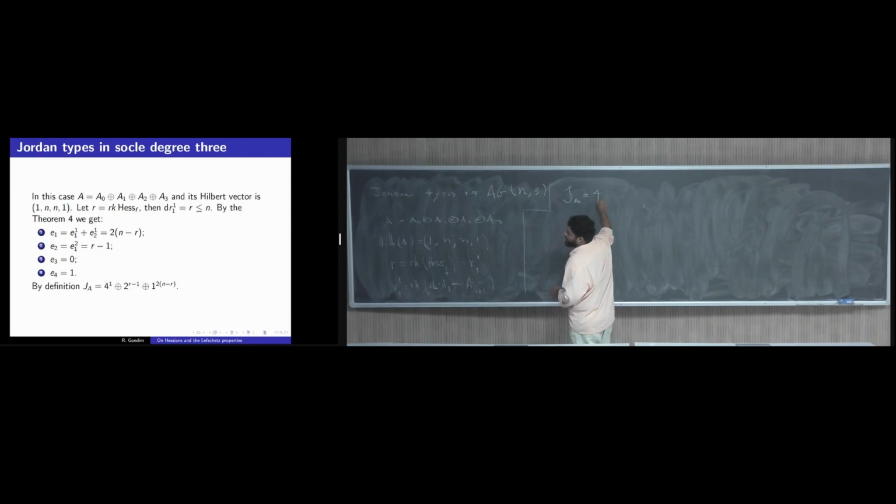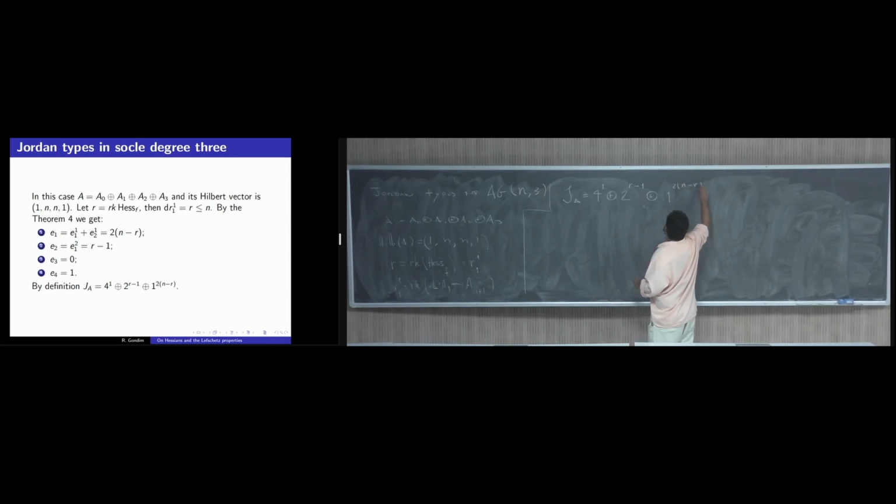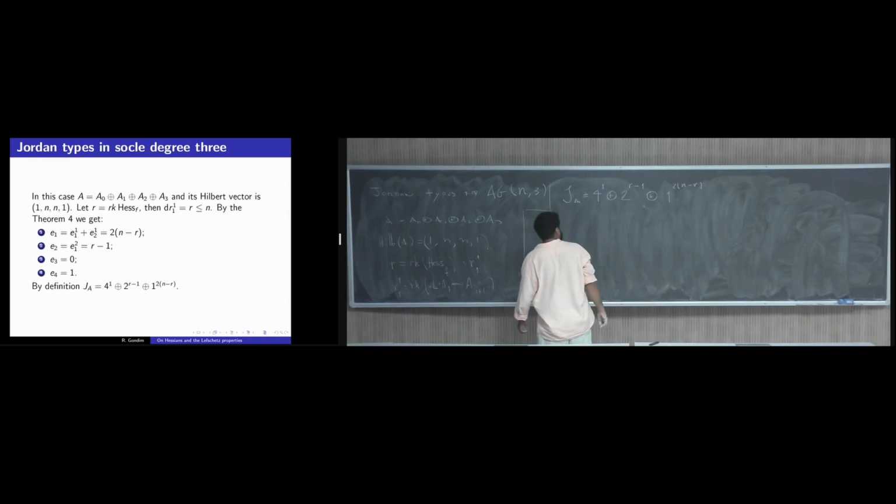4 once, 2 r minus 1, 1 2 times n minus r. Let me explain why, without using the theorem, or the formula.